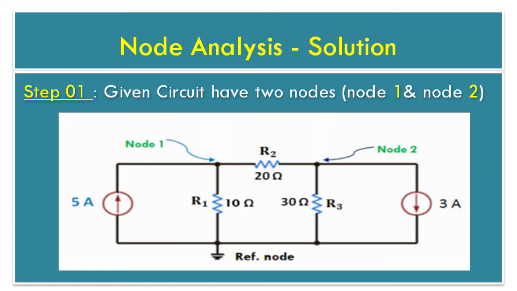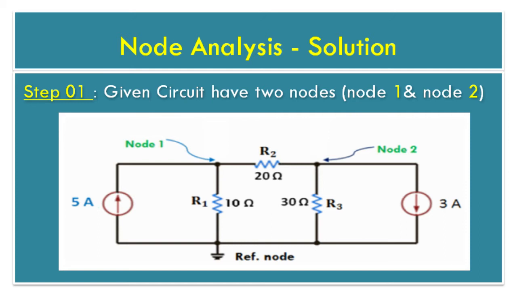Node 1 is formed by elements as 5 ampere current source, resistor R1 and resistor R2. Similarly, node 2 is formed by elements as 3 ampere current source, resistor R2 and resistor R3.